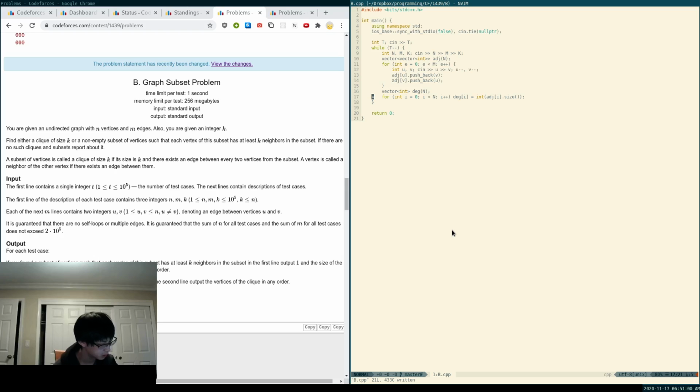So first of all, all of these guys eventually get removed, right? The subset does not exist. So if the subset does not exist, first of all, we'll peel away anyone who has degree less than k minus 1.